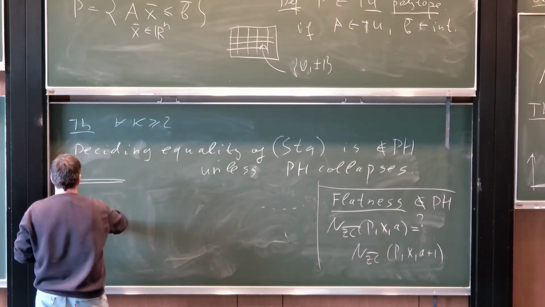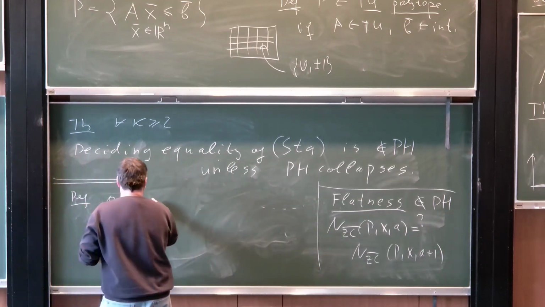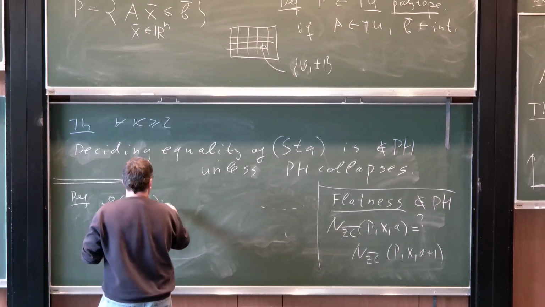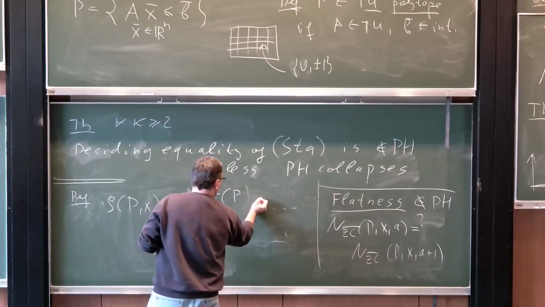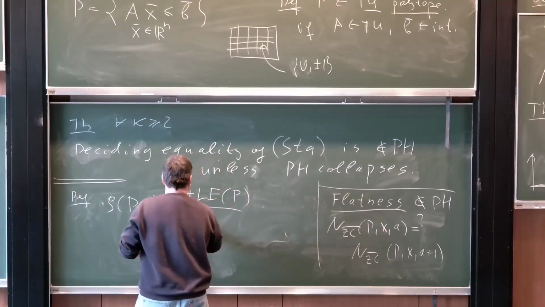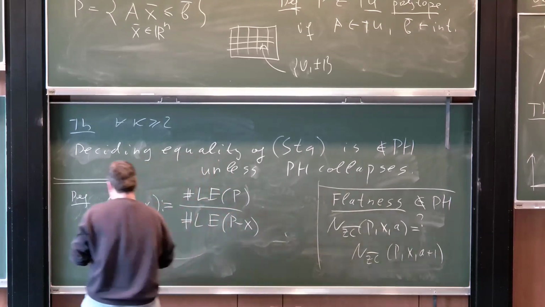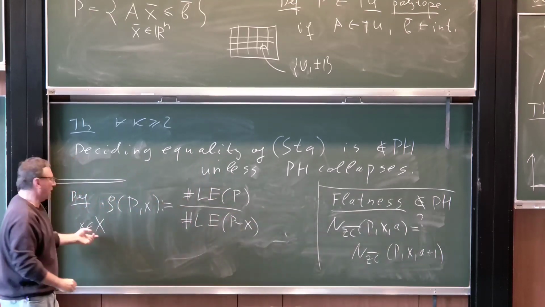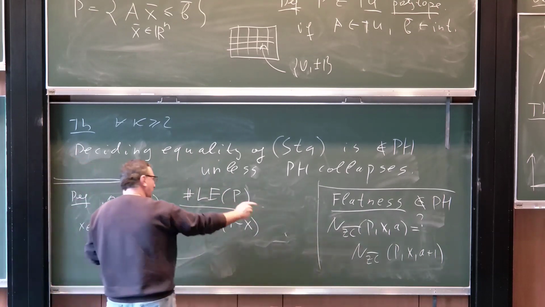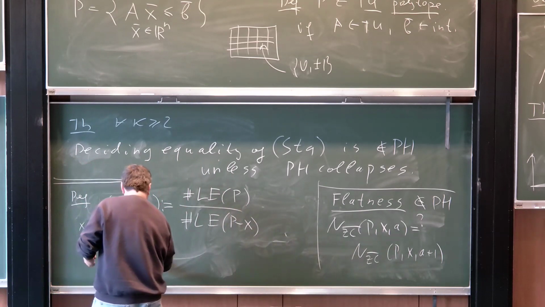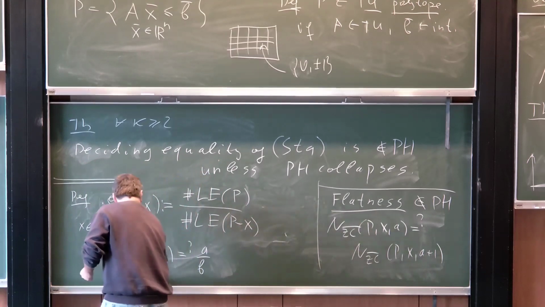I'm going to define a relative number of linear extensions, rho of P, x, to be the number of linear extensions of P divided by the number of linear extensions of P minus x, where x is some element in my ground set. So the very final question is whether rho of P, x is equal to A over B.